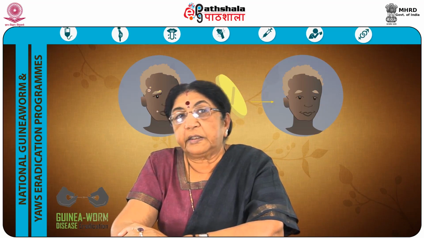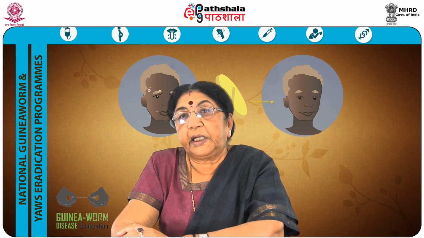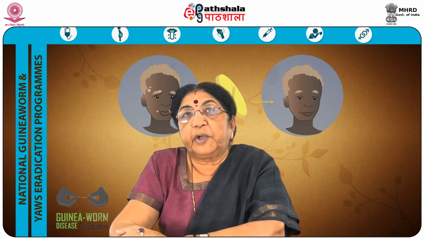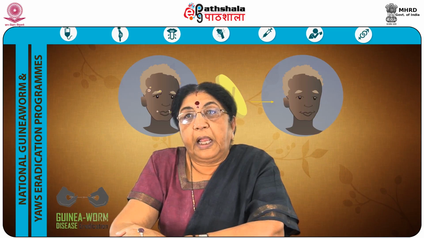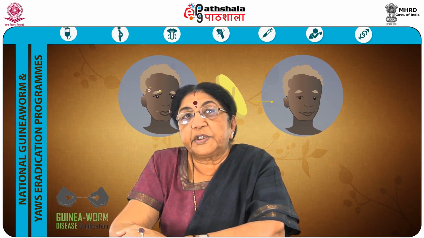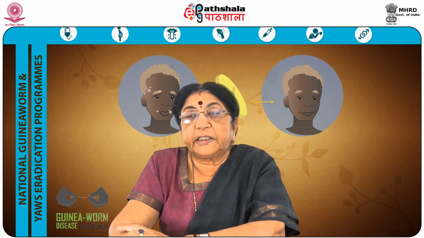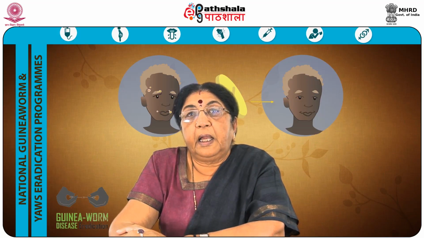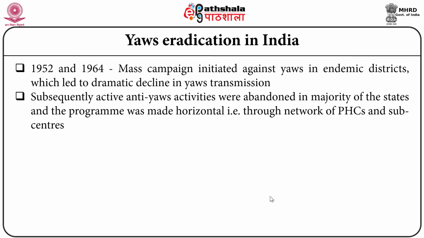The control strategies changed frequently, from a vertical program to one merged with the horizontal program. This was extended to the CHCs and the PHCs, mostly in the endemic districts, and definitely led to a dramatic decline in yaws transmission, since these programs were actively accompanied by good health education programs.